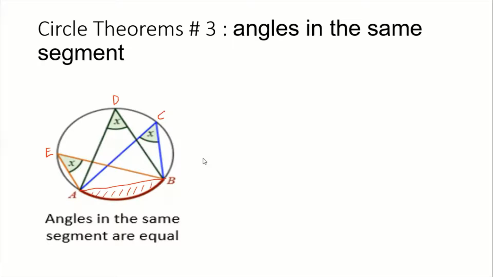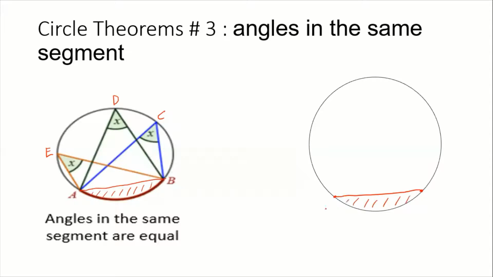So let's look at an example. Let's say you have a point right here and another point right there, that creates a segment. So you have this area, which is the segment.